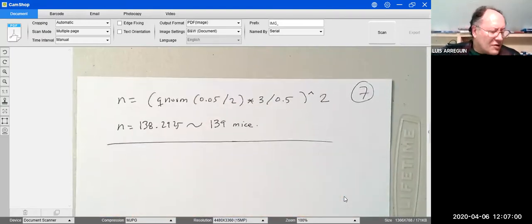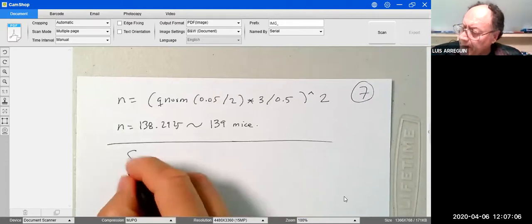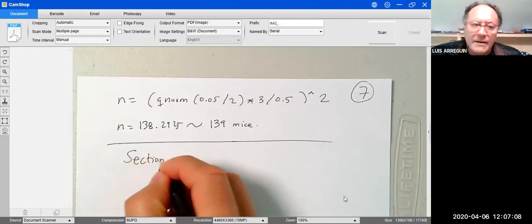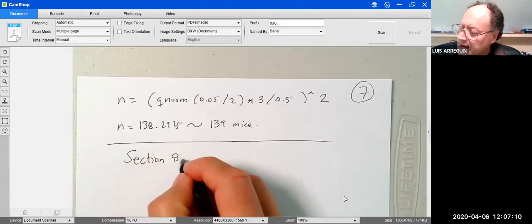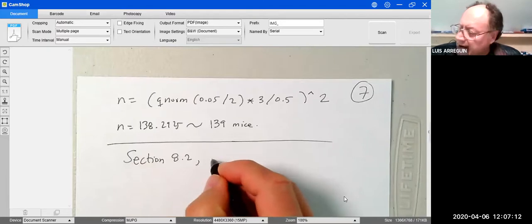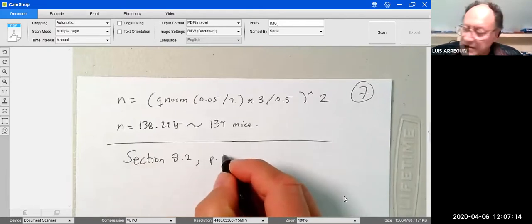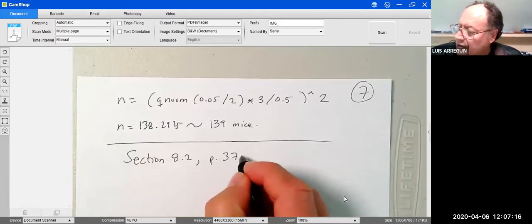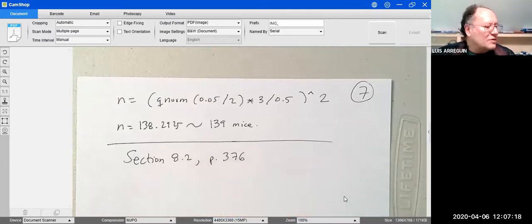So now we're gonna start the next section. So section 8.2 is more of the same, with the difference that in the next problems, we are not going to know the standard deviation of the population. So we start from scratch with no information from previous studies.